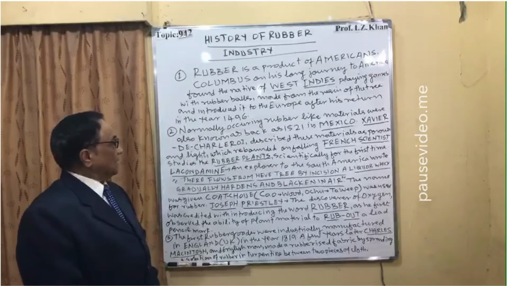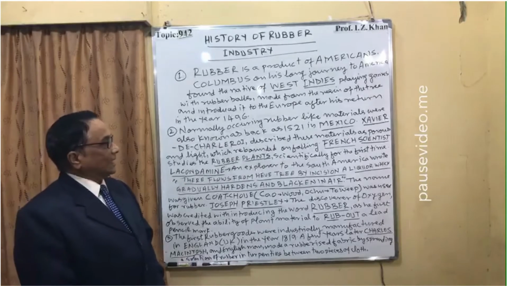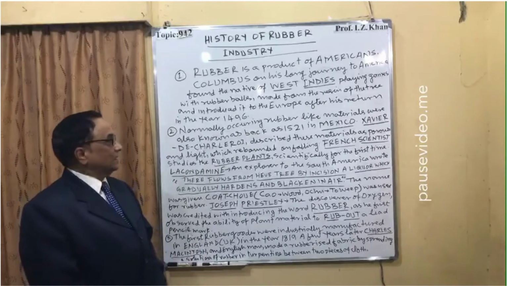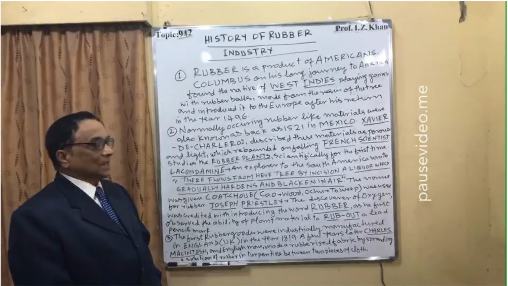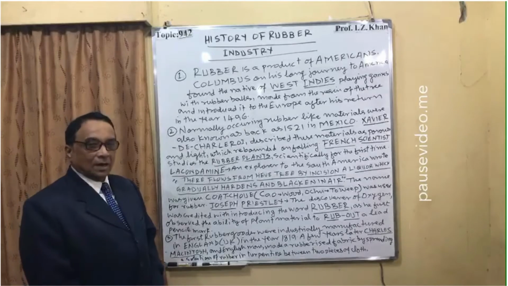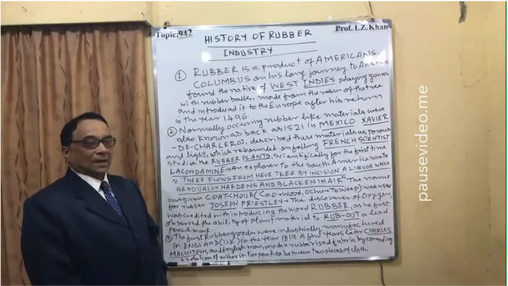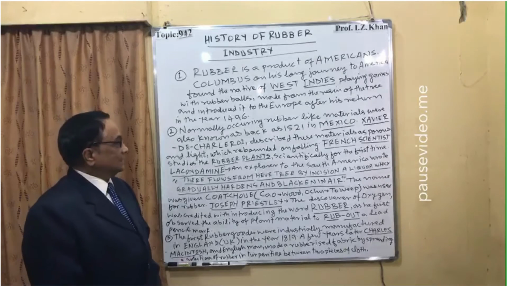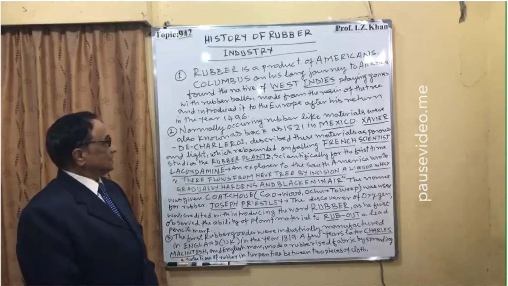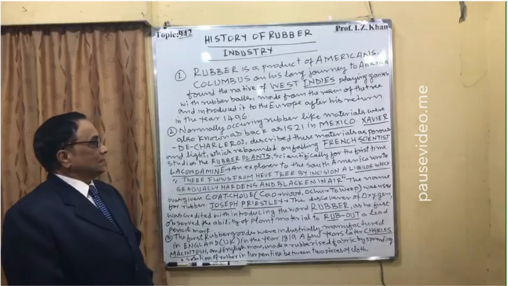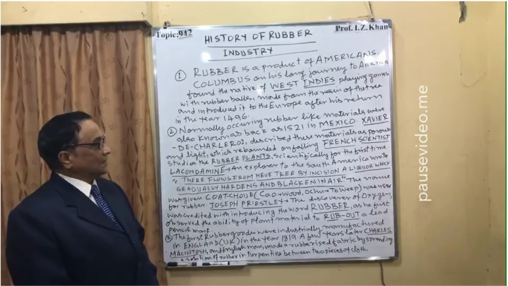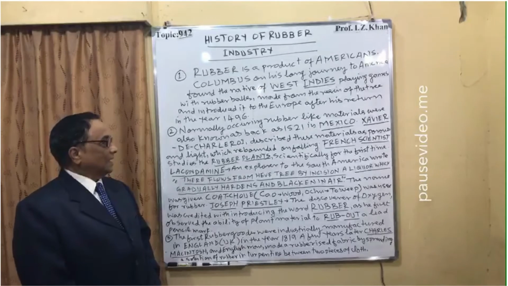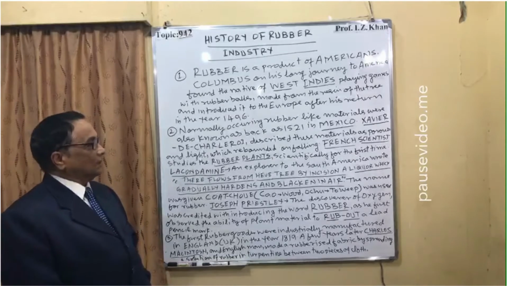Number two, naturally occurring rubber-like materials were also known as far back as 1521 in Mexico. So in Mexico it was also known in the year 1521. Xavier de Charroy described these materials as porous and light, and which rebounded on falling.